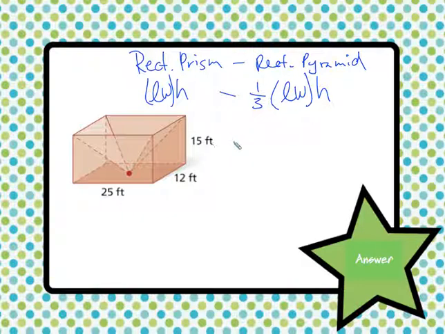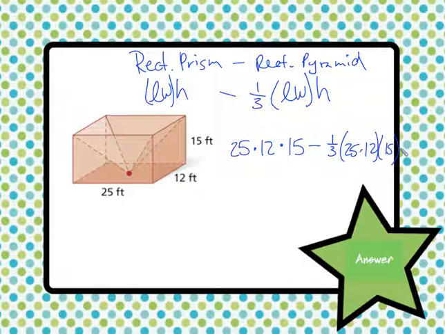So length times width would be 25 times 12 times the height is 15. Then minus 1/3 times 25 times 12 times the height, which is 15.